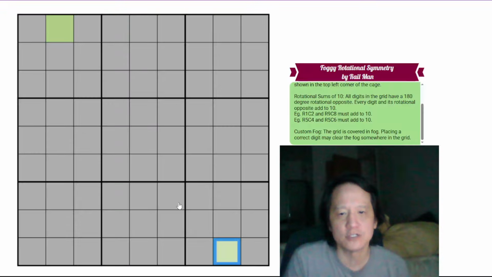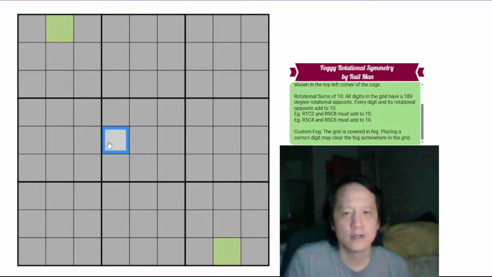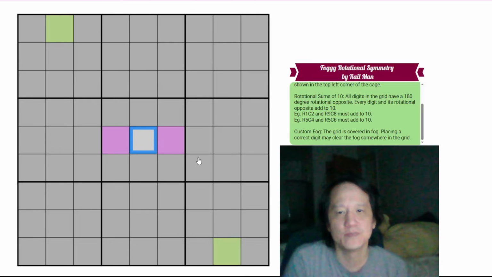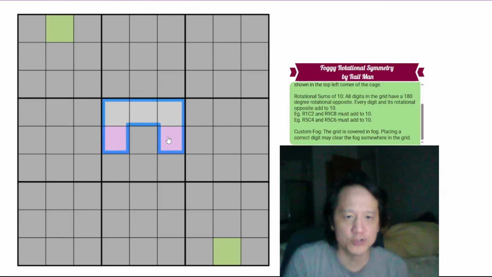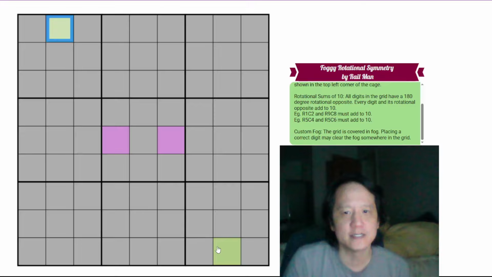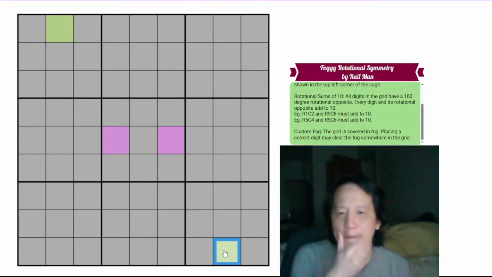Also, row 5, column 4, and row 5, column 6 must also add up to 10 because they are rotationally symmetric around the center of the puzzle. So if you rotate the puzzle 180 degrees, that's its rotational opposite, and those two digits must add up to 10. And that's how rotational sums of 10 work.